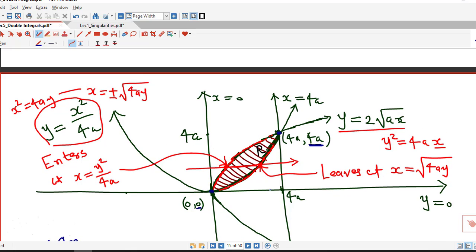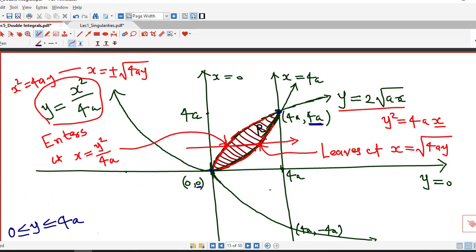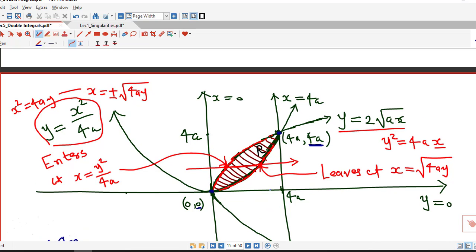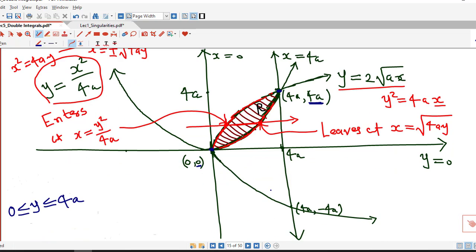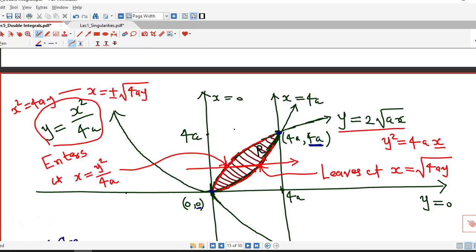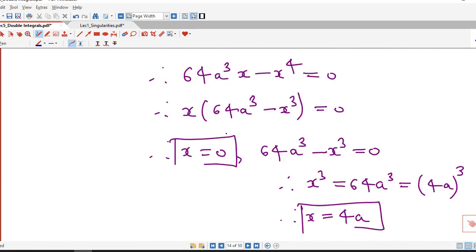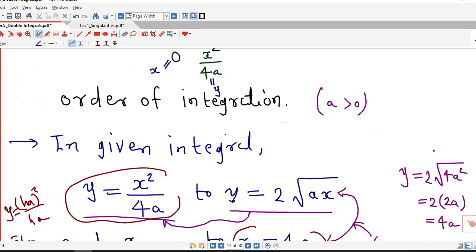So what we have to do is, first we have to write down the given information. From given limits we will be able to sketch the region of integration, and after sketching the region of integration we have to consider horizontal line if order of integration in the given integral is with respect to y first.